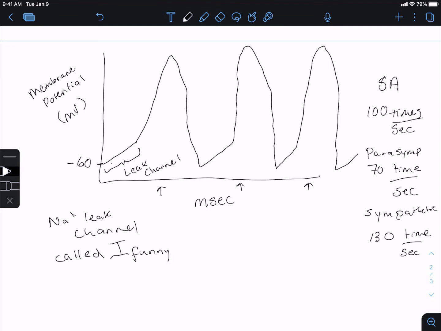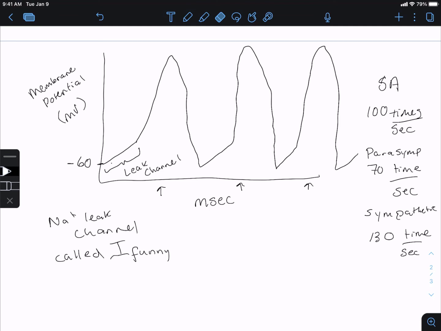I prefer it because it's easier to remember. The other one, I believe it's HCN, but see, I can't even remember it. So I go with I-funny because that's the easier one for me to remember. What it does is it allows sodium to leak into the cell, and it leaks in faster than the sodium-potassium ATPase can deal with it.